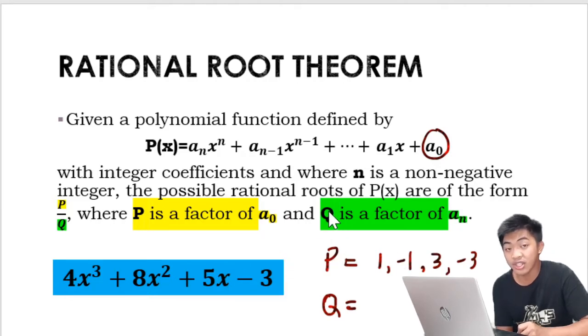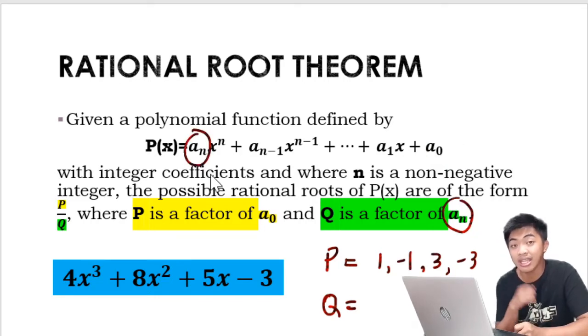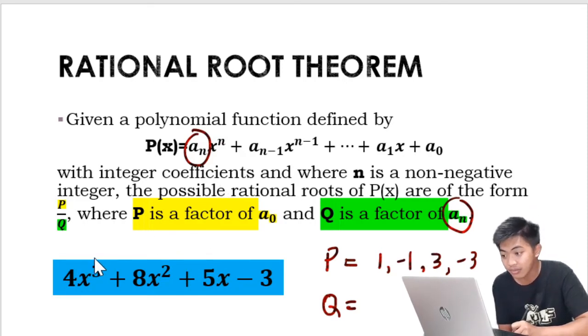Ano naman yung Q? That is the factor of a sub n. A sub n, that is the leading coefficient. When we say leading coefficient, it is the numerical coefficient of the term with the variable with the highest exponent. So hanapin mo lang dito ang may highest exponent. So of course, 3 yan. Kunin mo yung leading coefficient nung term na yan. So that is 4. So ano ba yung mga factors ni 4?